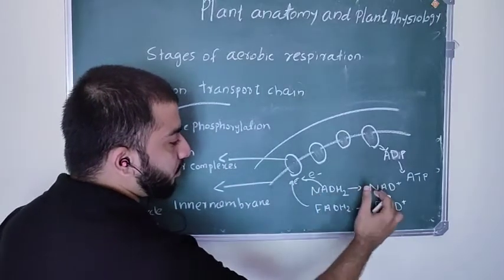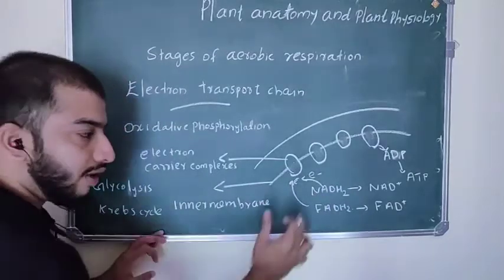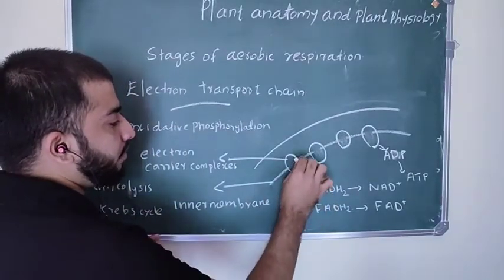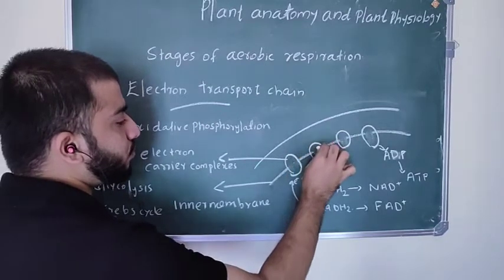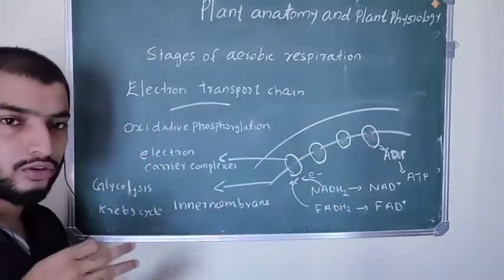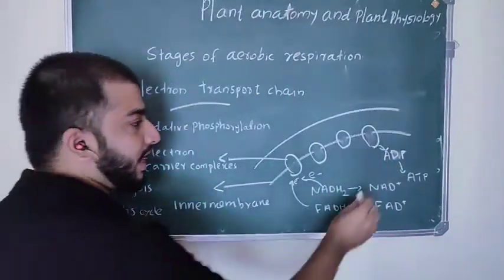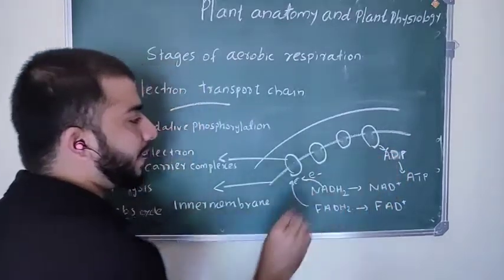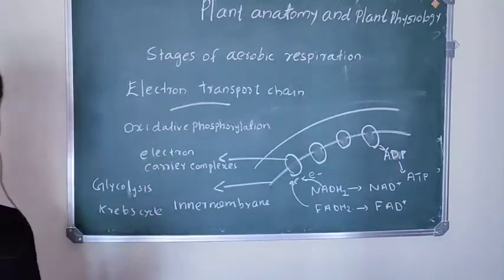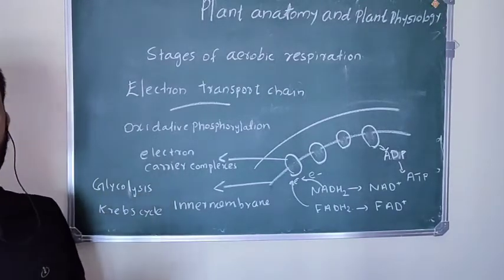These molecules are oxidized and release energy via electrons. These electrons move from one carrier complex to the next, and as they move they release energy. That energy is trapped by ADP, and ADP is converted to the energy-rich molecule ATP. ATP is called the biological energy currency.